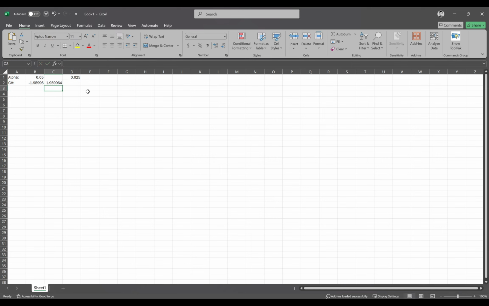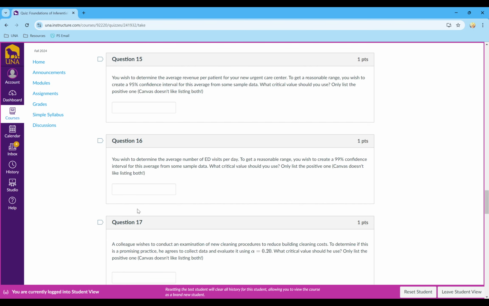And again, if you're ever curious about what these numbers are, just go over here and type 1 minus the alpha value divided by 2, and you'll see it's essentially 97.5% because it goes to the left. So we've got that 2.5% on the right. That means 1 minus that, or 97.5%, is to the left of this vertical mark if we think about it. So 97.5%, that gives me this positive cutoff value of 1.95, 1.96.